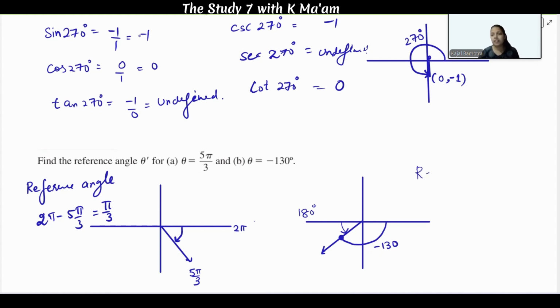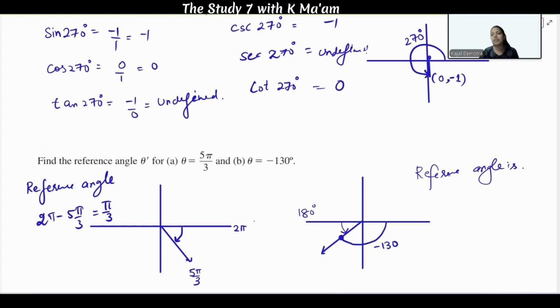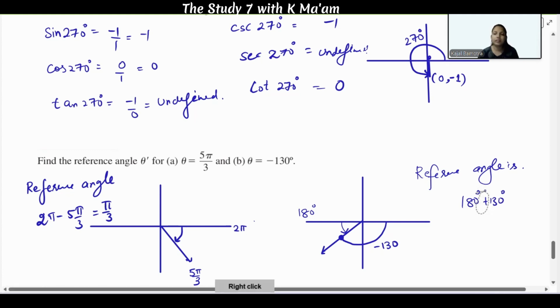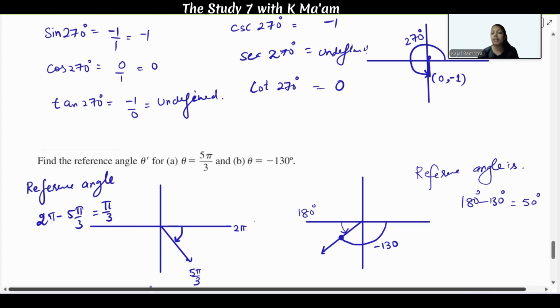So the reference angle is 180 degrees plus negative 130, which is 50 degrees. Done. So the reference angle is 50. I told you, you have to find the difference between them. Okay?